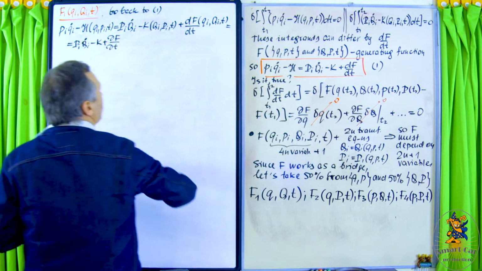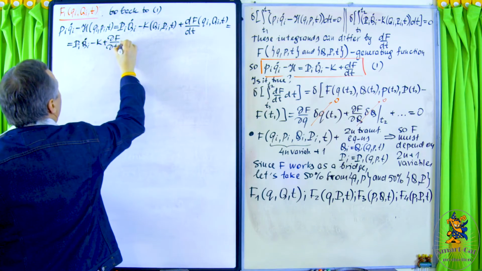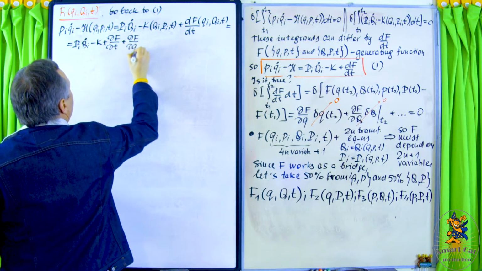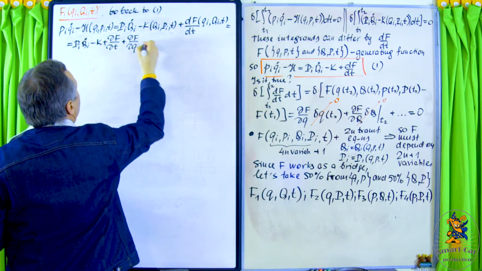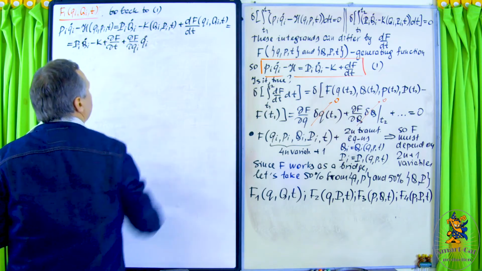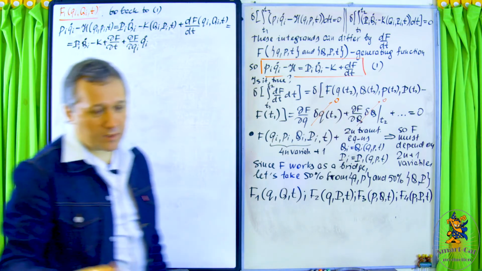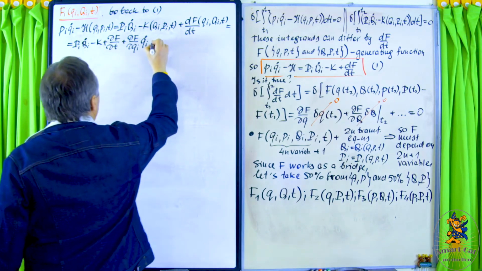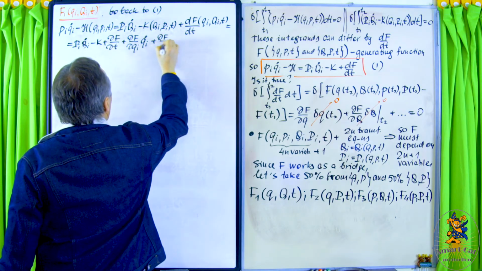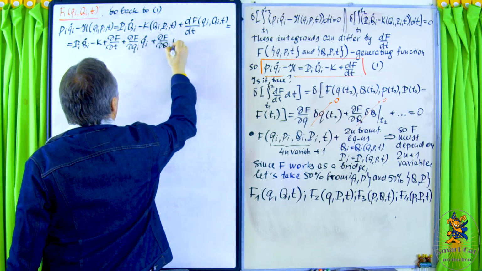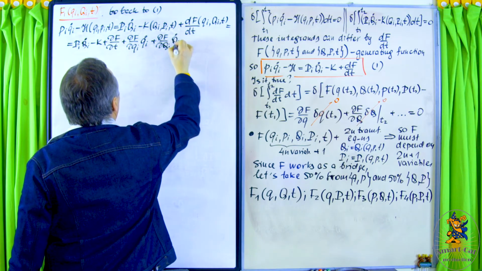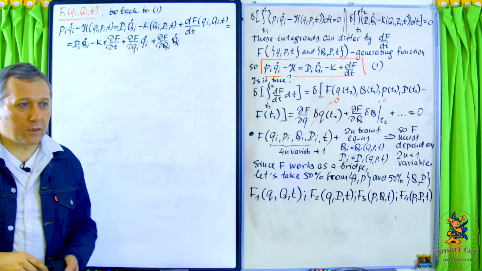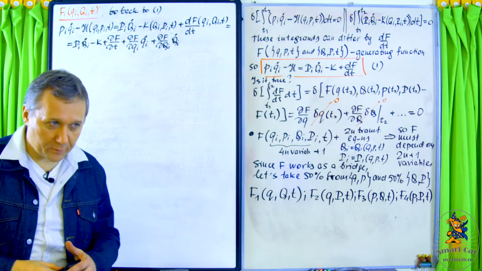I started with the last variable F, then plus partial derivative of F with respect to q_i and q_i dot. Again, tensor notation, summation is assumed. And then plus partial derivative of F with respect to capital Q and capital Q dot. Okay, so now let's see, is what we have good enough for us?